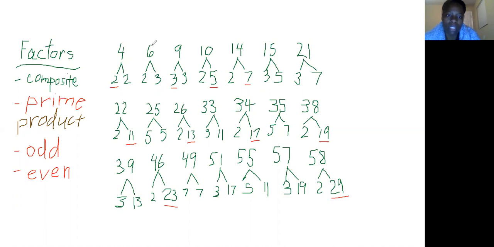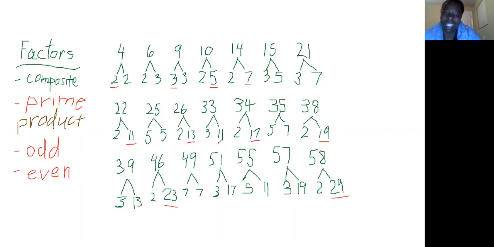So 4 is even, 6, 10, 14. Those are even numbers in this first row. In the second row, we have 22, 26, 34, and 38 as even numbers. On the third row, we have 46 and 58. Those are our only even numbers on that row.